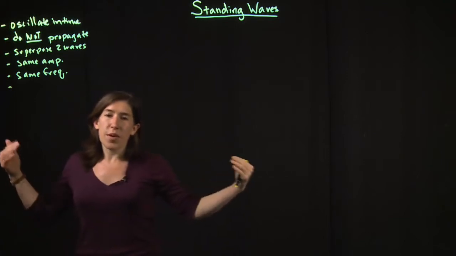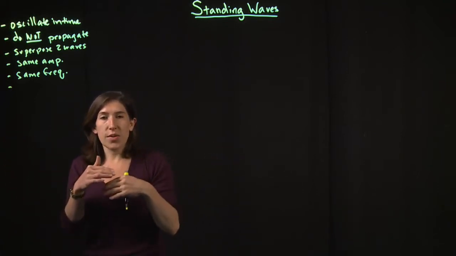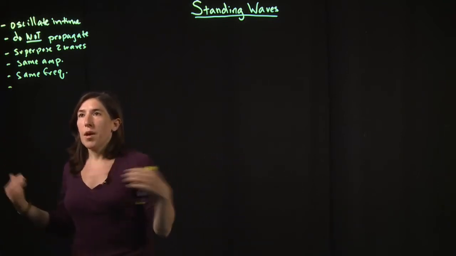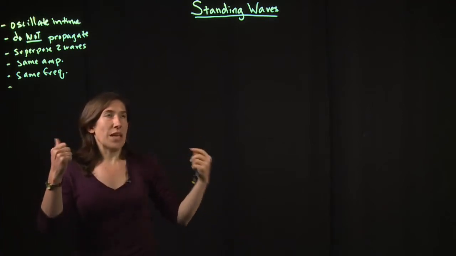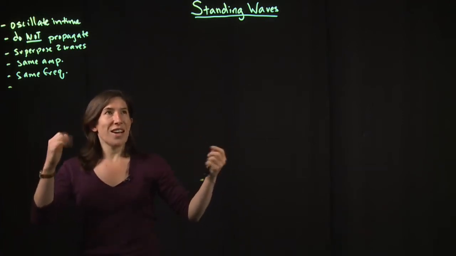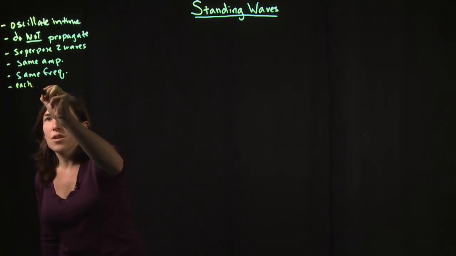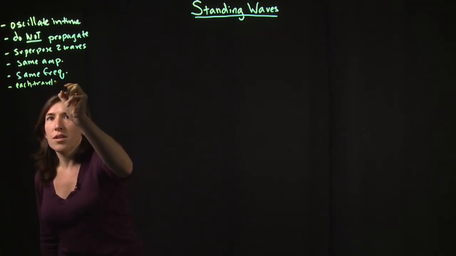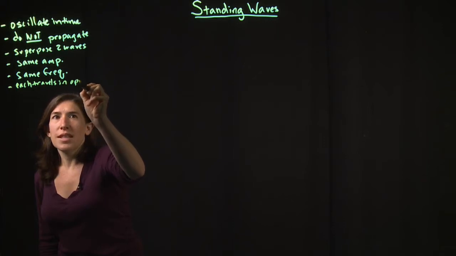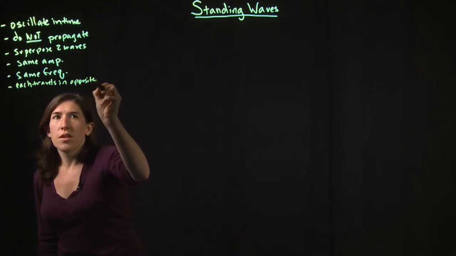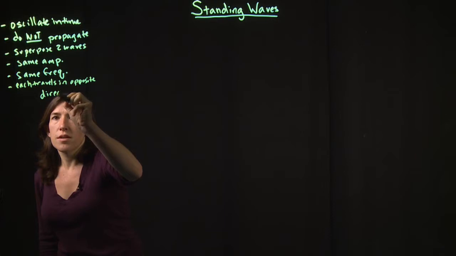So each of them you can imagine being a traveling sinusoidal wave, but together they create something new, and the superposed wave is a standing wave. So each travels in opposite directions.